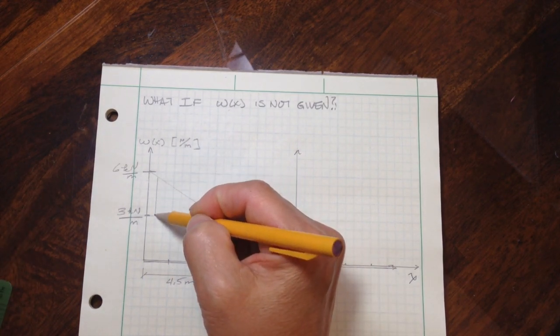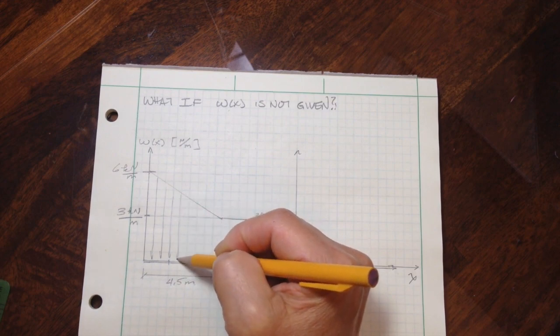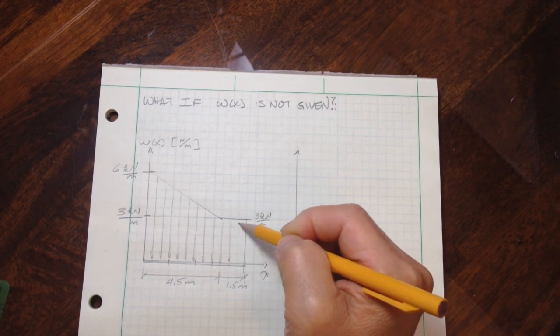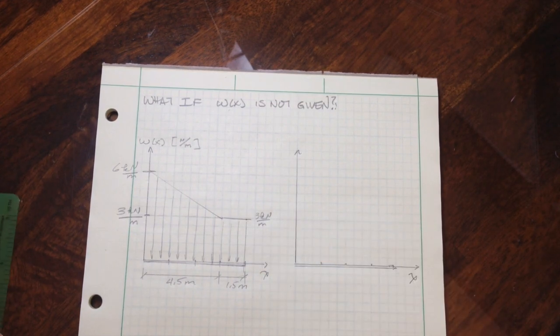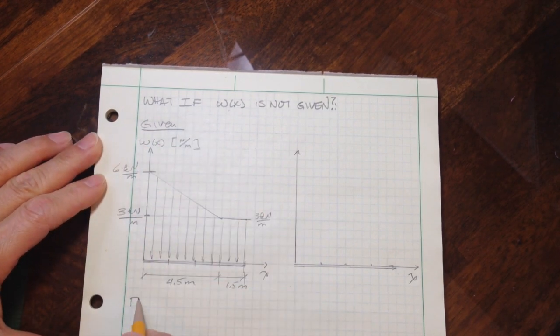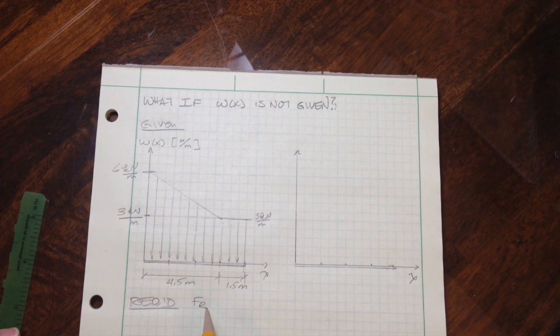And it's a distributed loading, so I'm just going to draw these vertical forces. So this is given, and what they would like for us to find is the resultant force and the location or the centroid where it acts.